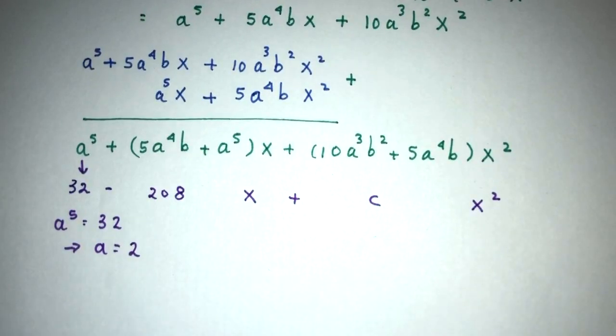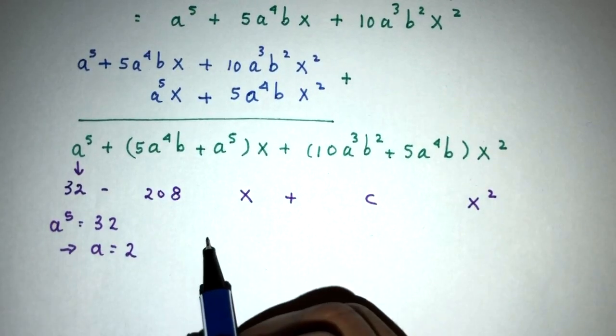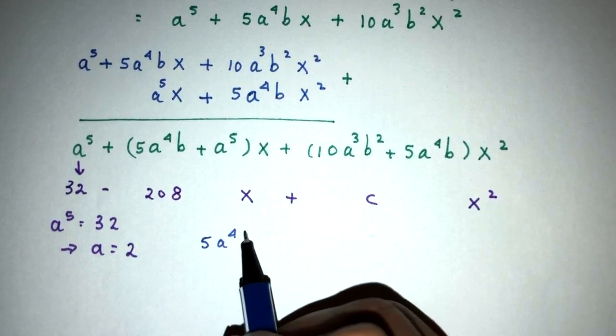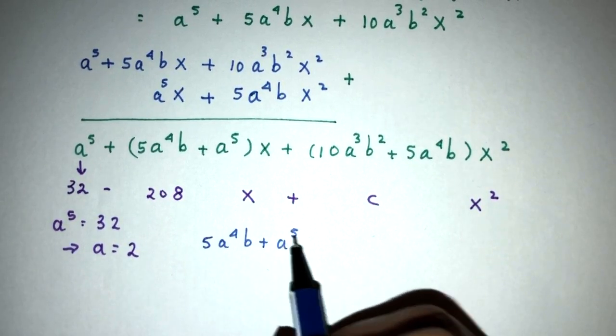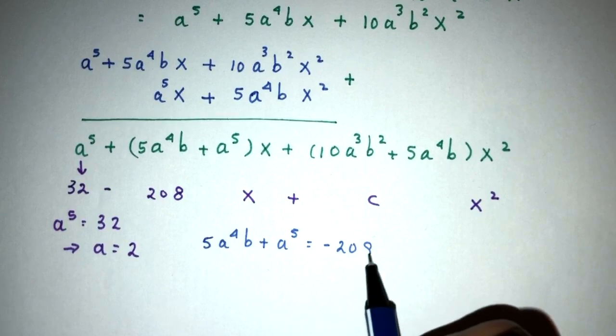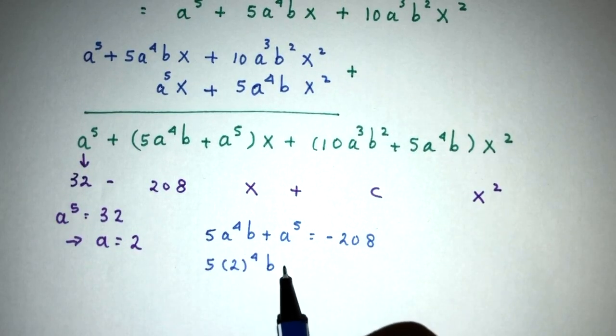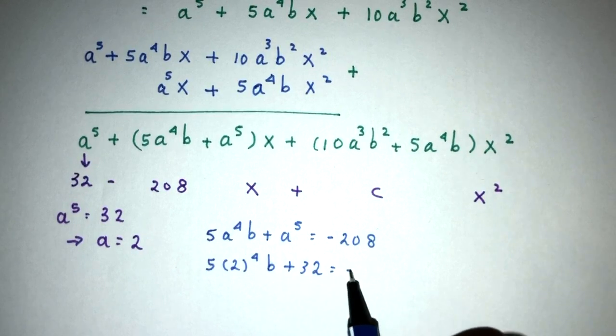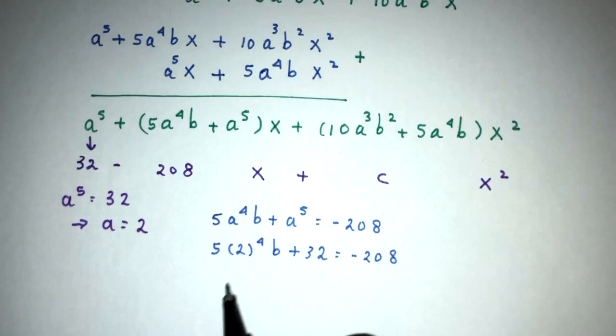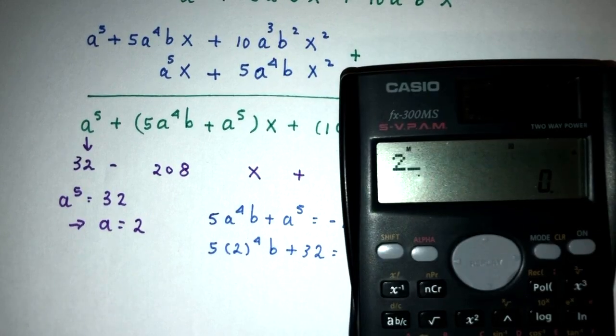Now for this one, let's try to form an equation. You will have 5a power 4b plus a power 5 has to give you minus 208. Simplify, 5 times 2 power 4 times b plus 32 is minus 208. So that will be what? 2 power 4 is 16 times 5.